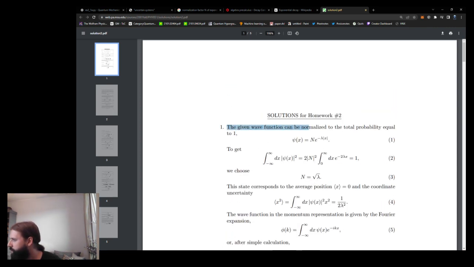The given wave function can be normalized to the total probability equal to 1. So, yeah, okay, but this is for like one-dimensional stuff, right?